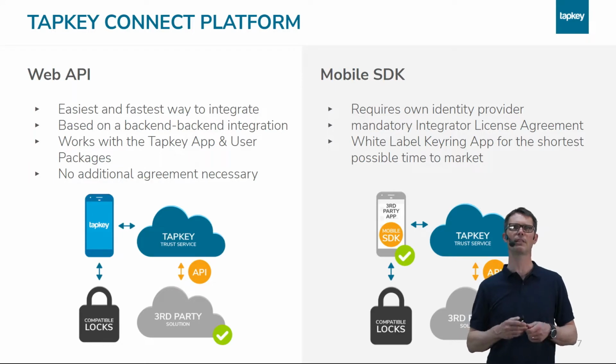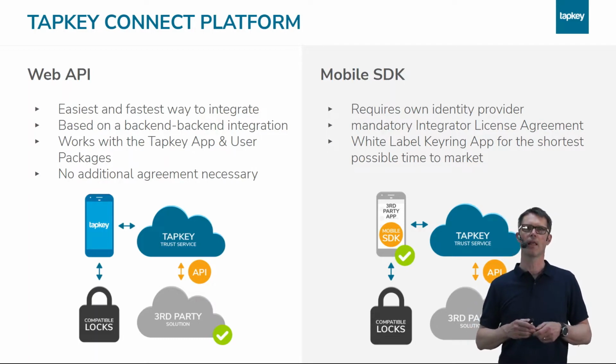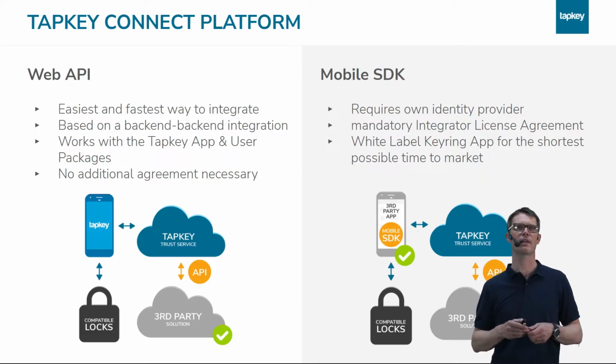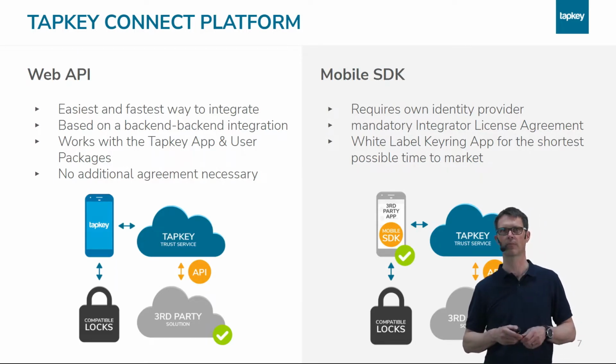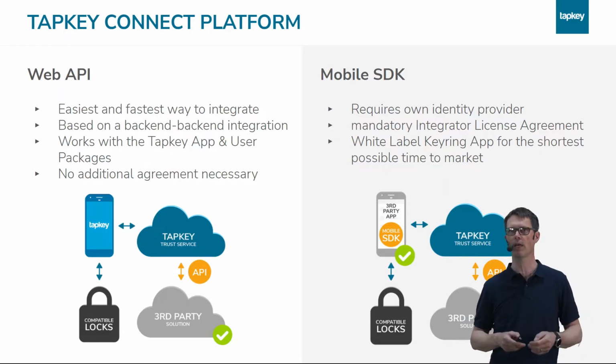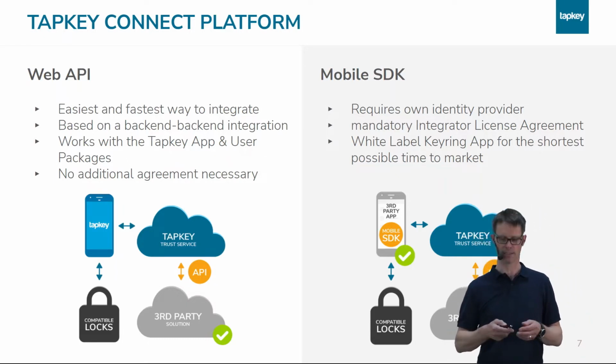It really helps integrators, so we have decided to release the Tapkey open source keyring app. This app is easy to customize and production grade. Our open source keyring app is also a great example of how to use the mobile SDK. You can use it as a blueprint to accelerate your own app development. If you use the mobile SDK or the Tapkey open source keyring app, you need an integrator license agreement.